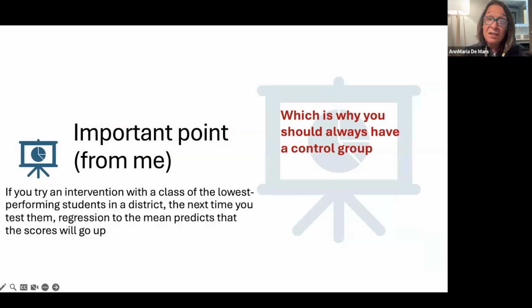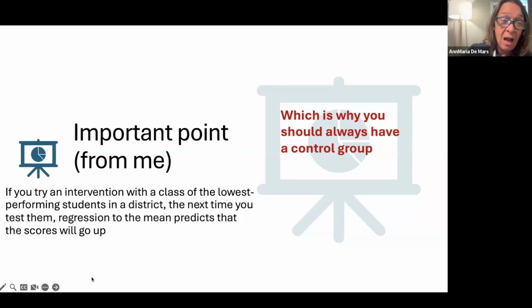So what you should do is take a random sample of the students, not the lowest performing students, and put them in the intervention group and in the control group, and then see if the intervention does have a significant effect. That's a whole other topic, but your control group and your intervention group should be as close to identical as possible, with the only difference being the intervention.